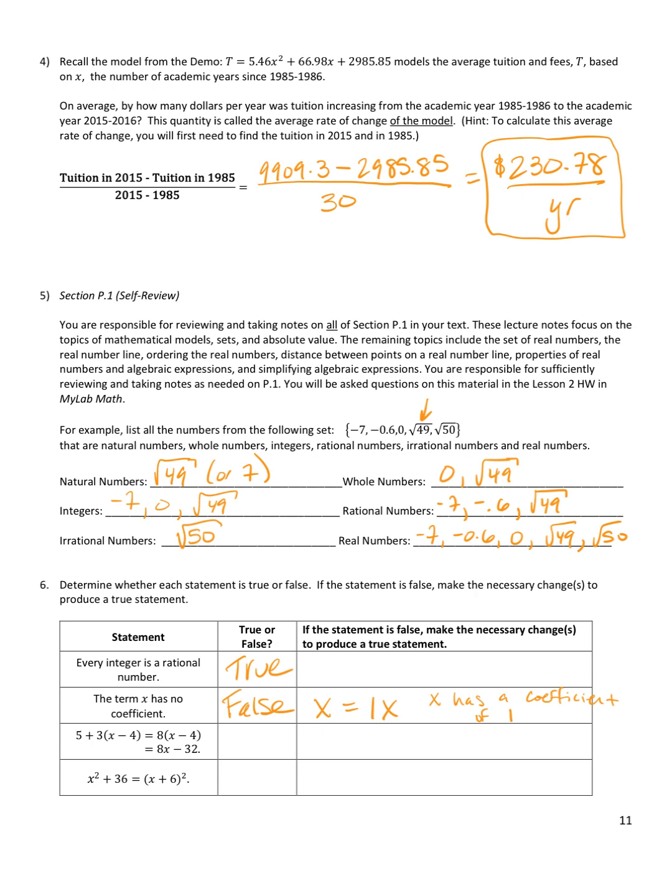Okay, 5 plus 3 times x minus 4 is 8 times x minus 4, which is 8x minus 32. So they added this 5 plus 3 to get the 8, which is not a legal move because you have to do multiplication before addition, and this is 3 times what's in the parentheses.